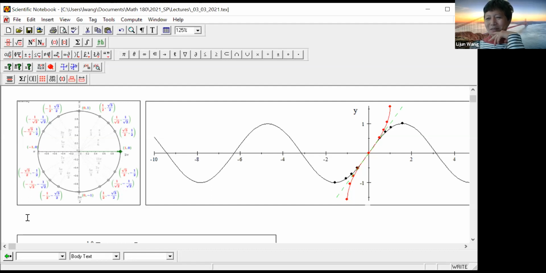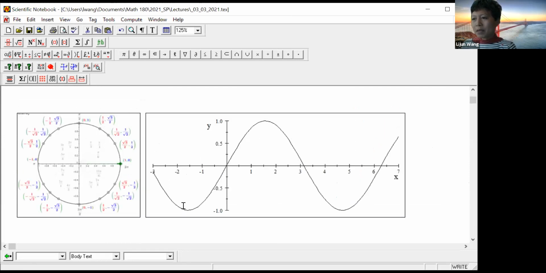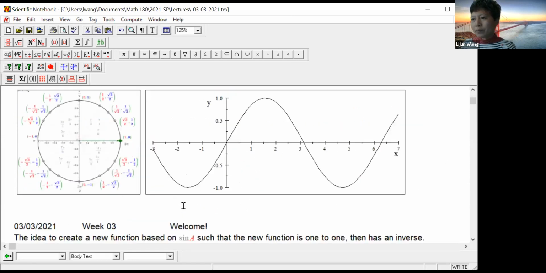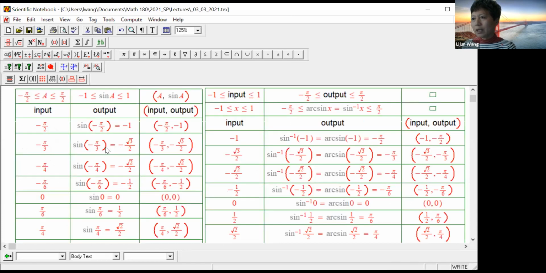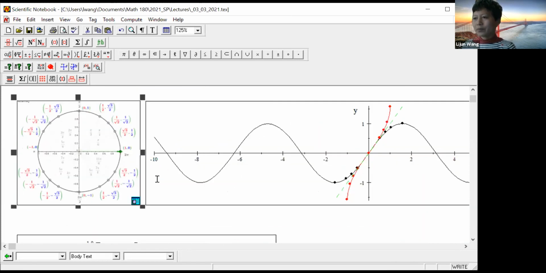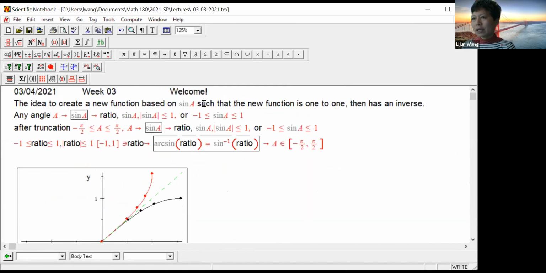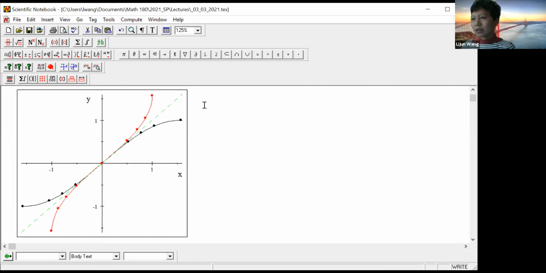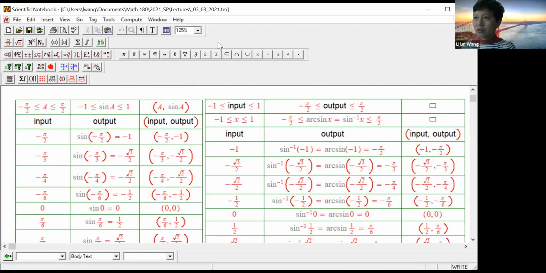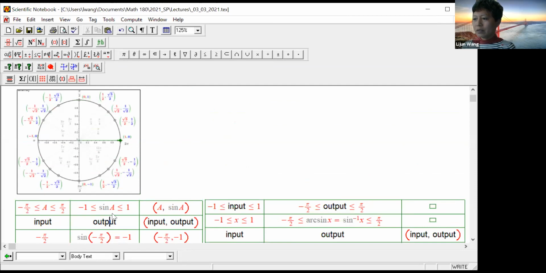No? Okay, let me do it again. I just want to give you another venue to understand this. Remember we did that table, the truncated one. I'm going to put this unit circle together with this table.